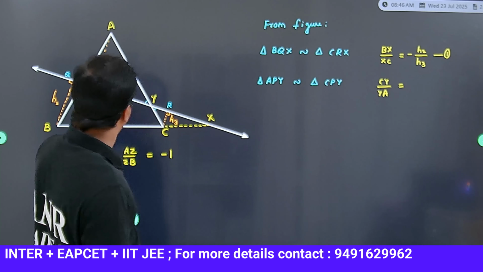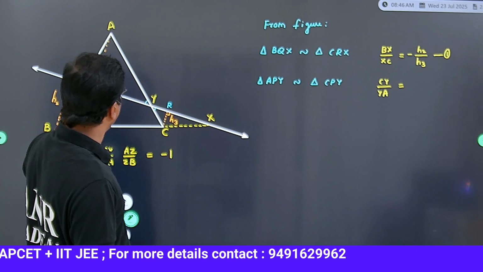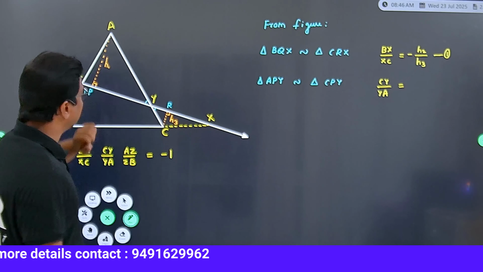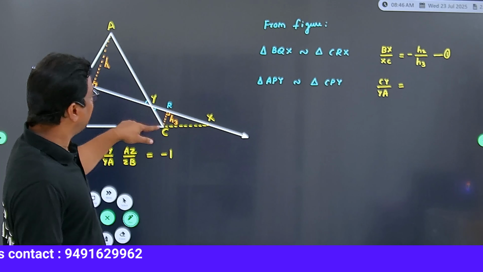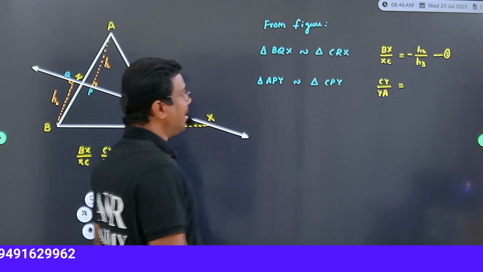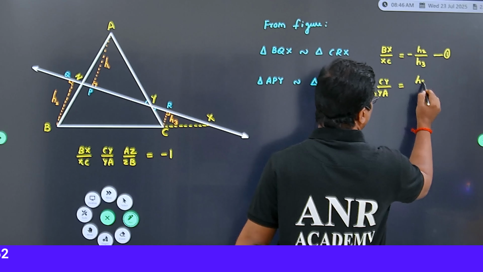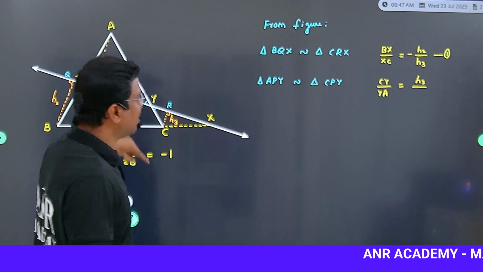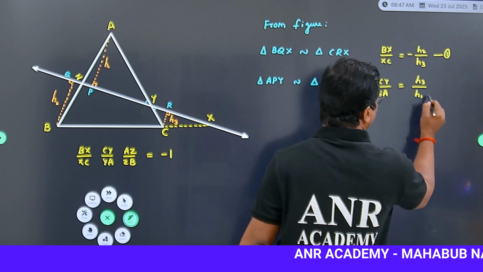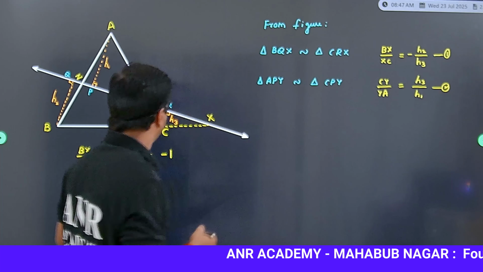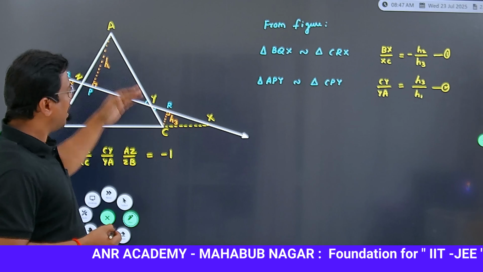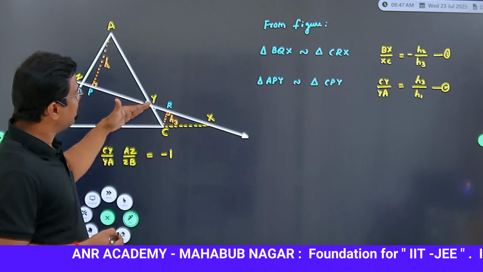Here the relation between H1 and H3, yes, CY from smaller triangle, so height H3 I am going to write here. Next, AY, that is from larger triangle, so that here I am going to write H1. This is result 2. Observe here C to Y and then Y to A you have. Along the same direction we are going to move, so that without negative sign you will get H3 by H1.